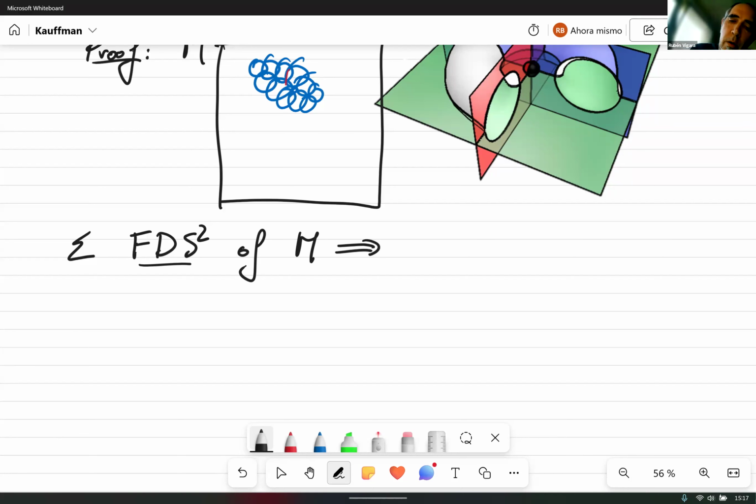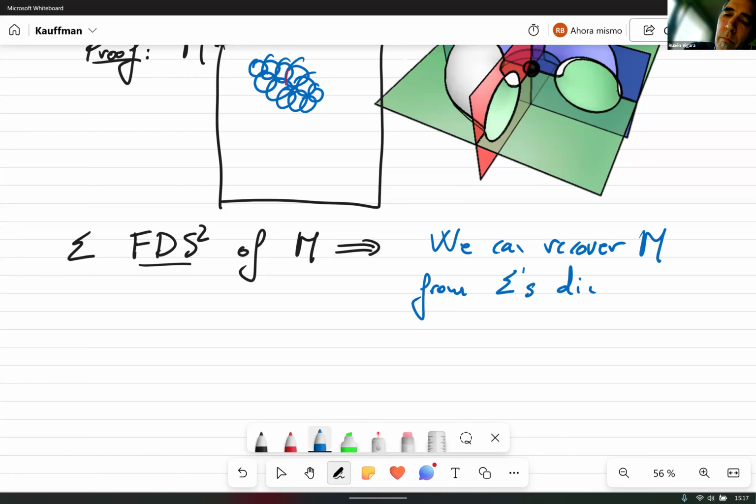We can recover M from it. So we can represent all three-manifolds by diagrams of null homotopic filling Dehn spheres. Okay.